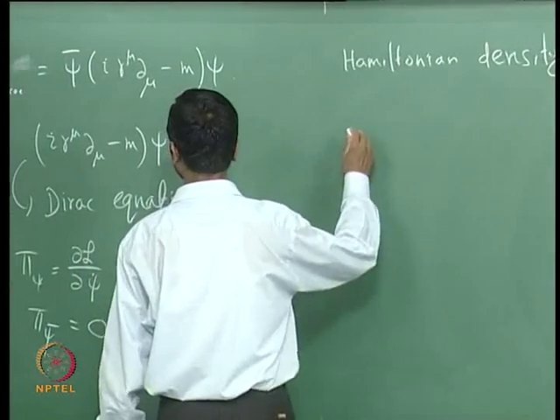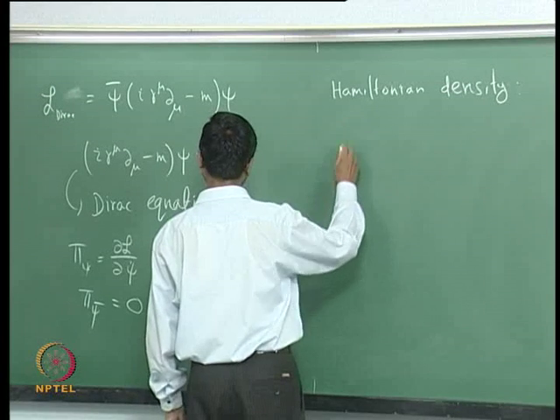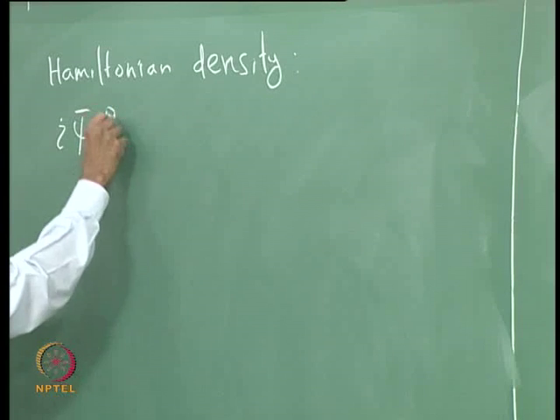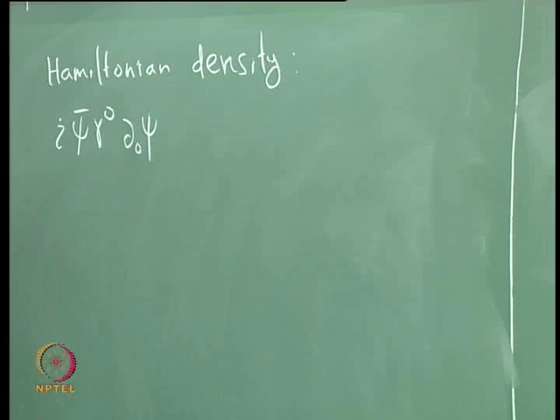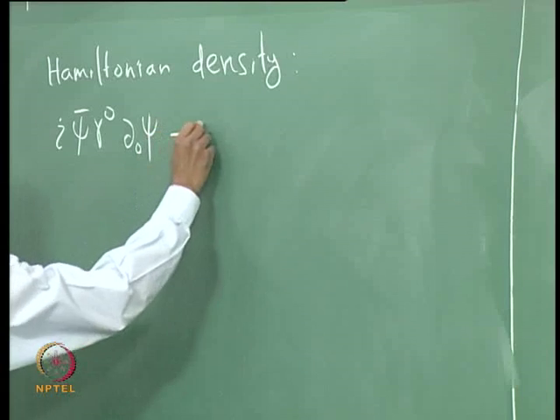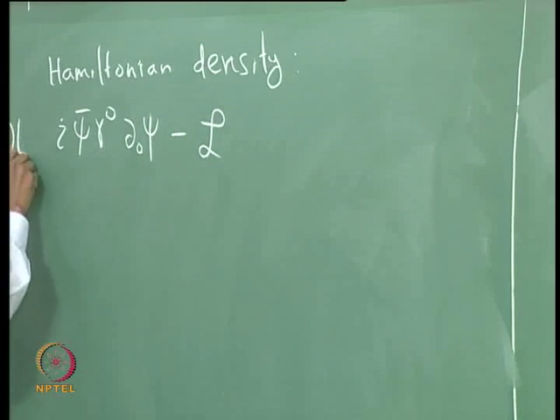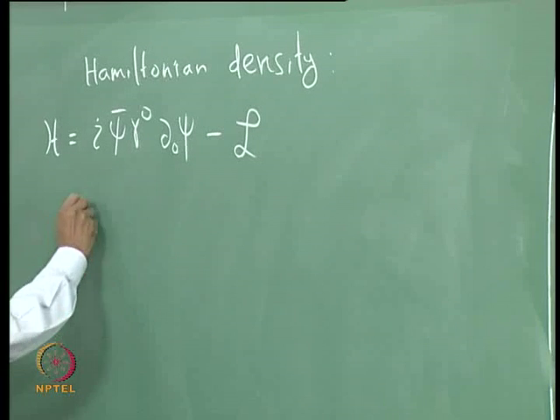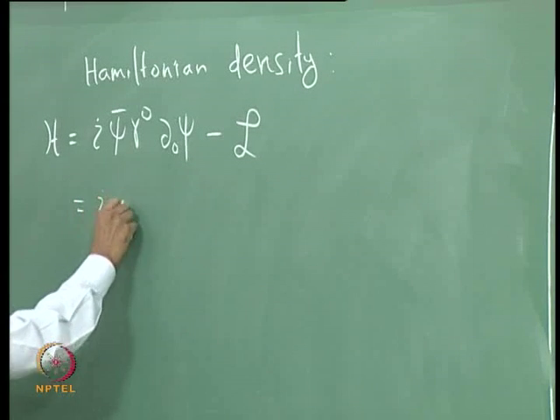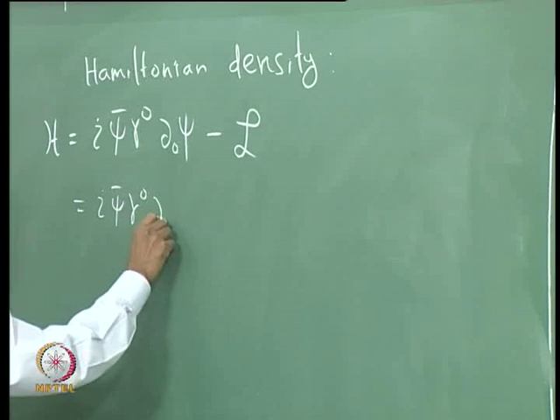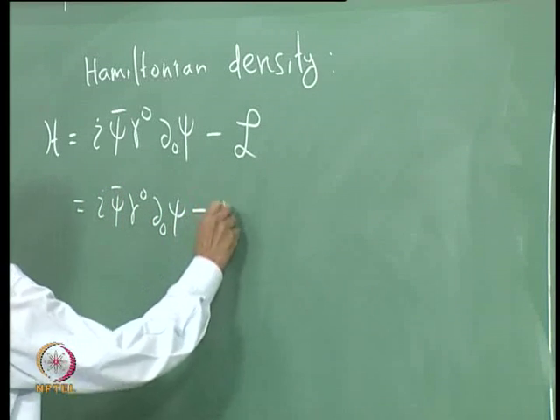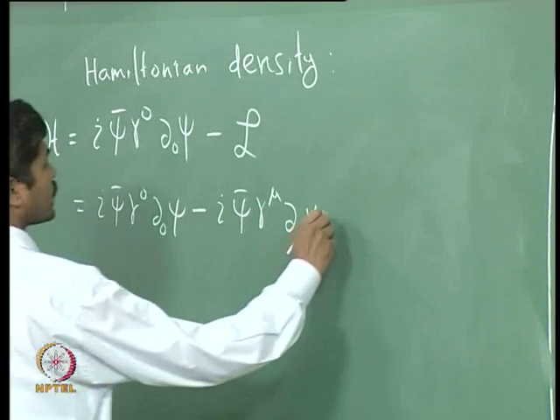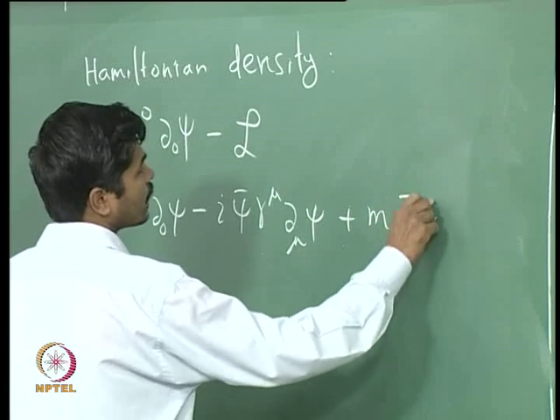It is given by i psi bar gamma 0 del 0 psi minus L. So, the Hamiltonian density is given by this, and if you substitute for the Lagrangian density, then this is i psi bar gamma 0 del 0 psi minus i psi bar gamma mu del mu psi plus m psi bar psi.